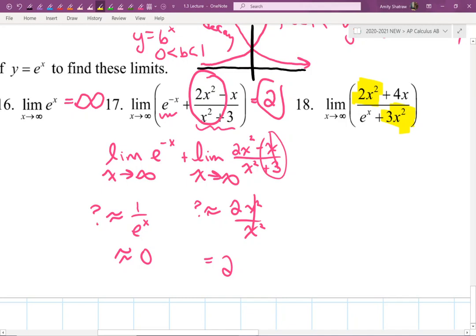But realistically, again, e to the x becomes so big so fast that you'll find out that that's your biggest. It's absolutely bigger than that guy. So now I don't care about either of those pieces. My shady math says that my answer is going to be 2x squared over e to the x.